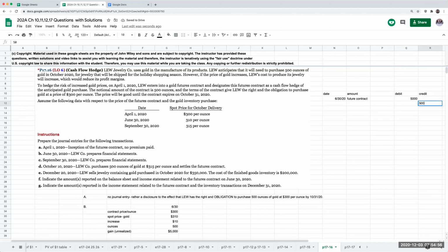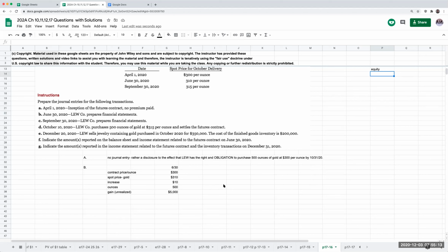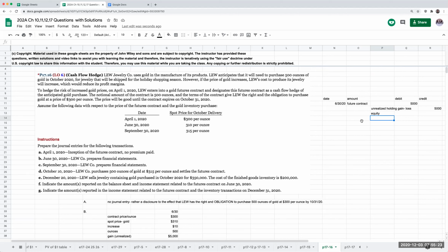I'm going to credit unrealized holding gain or loss in equity. This means that it's not going to go onto the income statement. It's going to be a part of other comprehensive income. Okay, so I prepare my financial statements. That's the journal entry I would go through and make.